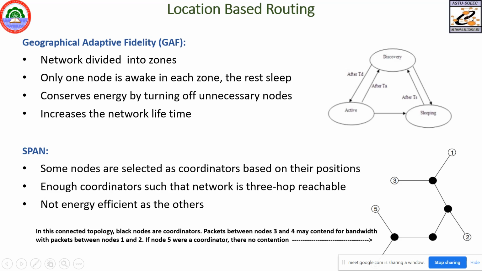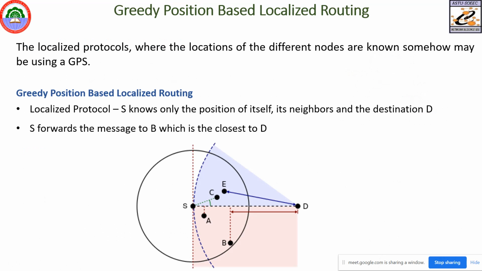It has to pass through all these corresponding nodes to reach node 3. But if that topology was connected between node 3 and node 5, there is no need of transmitting through all these nodes.